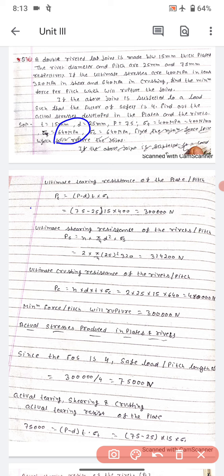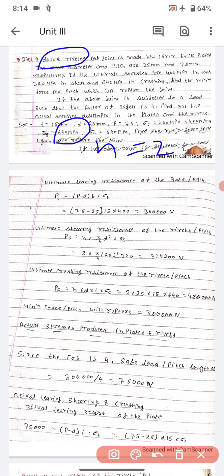Okay, now the ultimate shearing resistance for the rivet is n into pi by 4 d square into sigma s. As given in the question, it is a double riveted lap joint, so the value of n will be 2, and in the given section you have to write n is equal to 2.